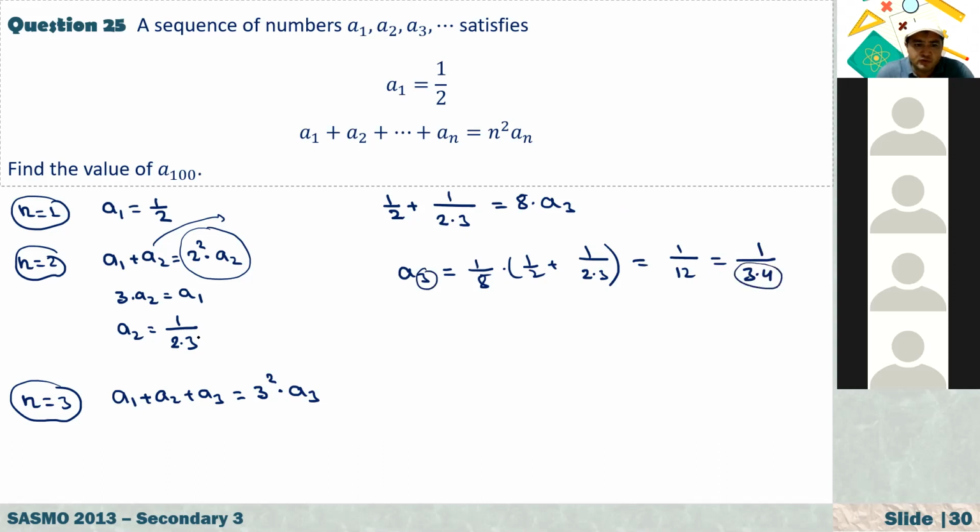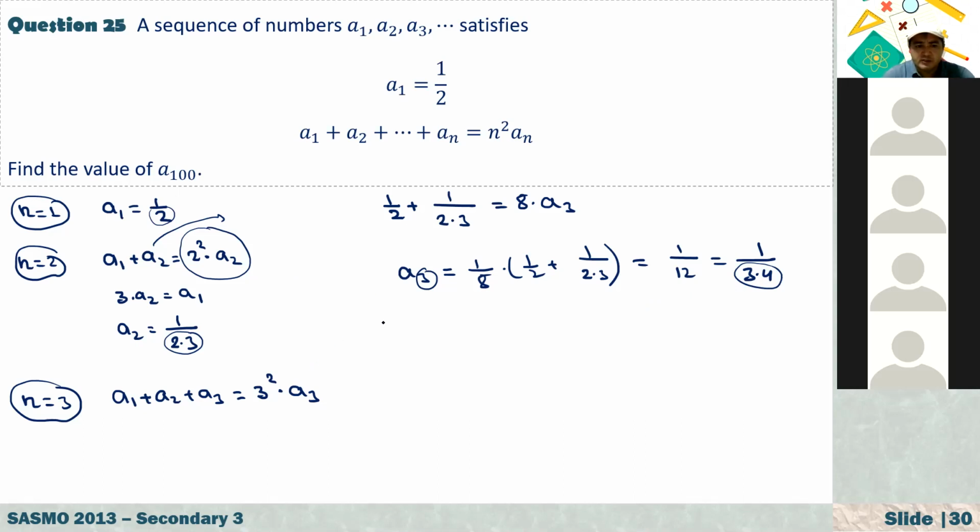When it is 2, 2 times 3. When it is 1, 1 times 2, right? And we can show one more time. If we get, for example, 4 times 5, that means there's a pattern. Now we can draw the conclusion, that a100 should be equal to 1 over 100 times 101.